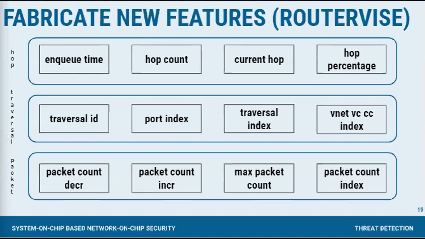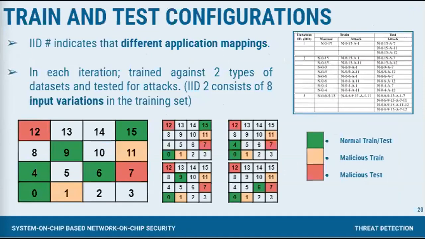Hop means going from one router to another router, and traversal means the entire communication of a packet, and then the characteristics that we can find in a packet as well. So we need to have an idea about what these features are and how we are using them, and have proper training and testing configurations when we are doing something.